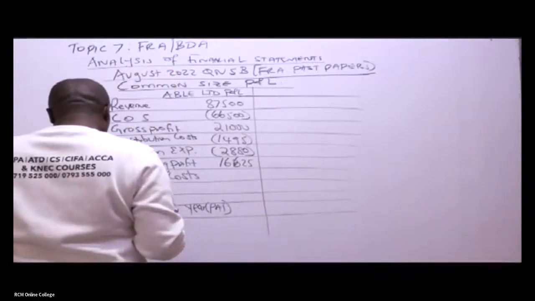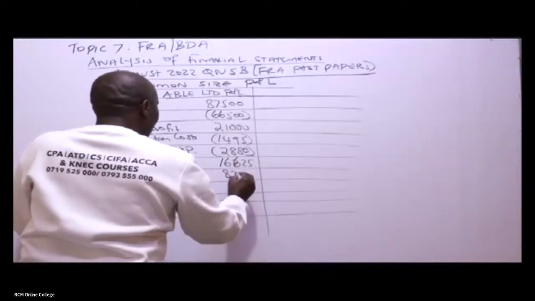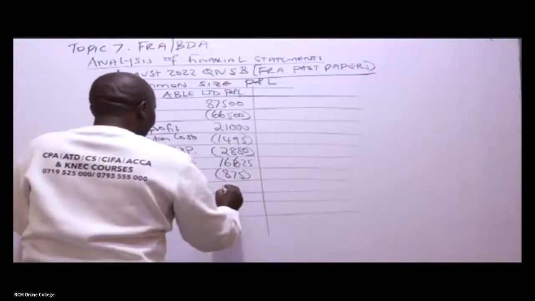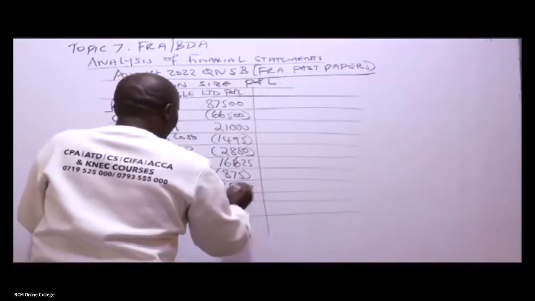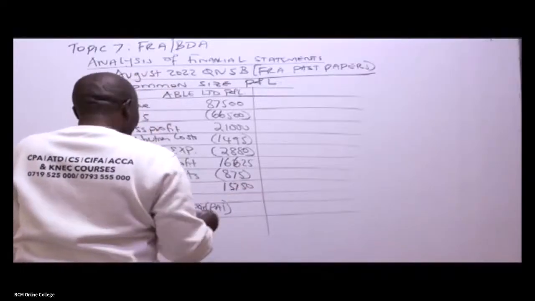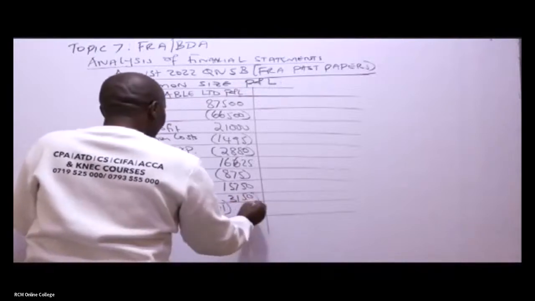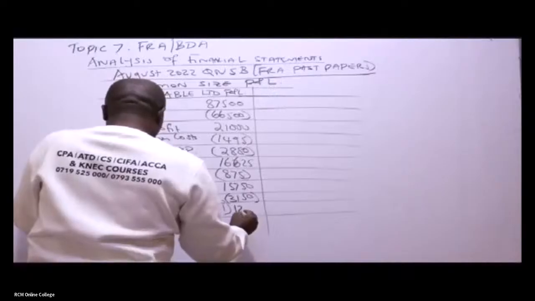Of which I can see the finance cost is 875, giving me a profit before tax of 15,750. And then we have here 3150, the tax, giving us 12,600.